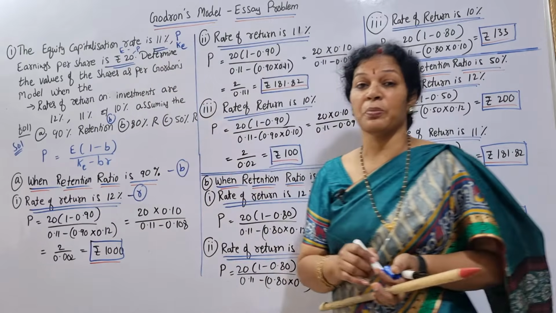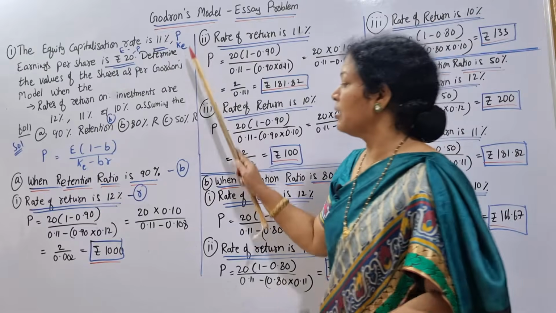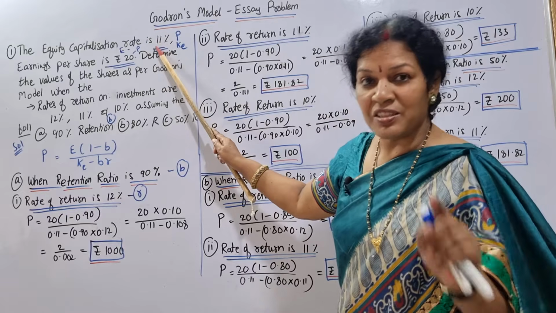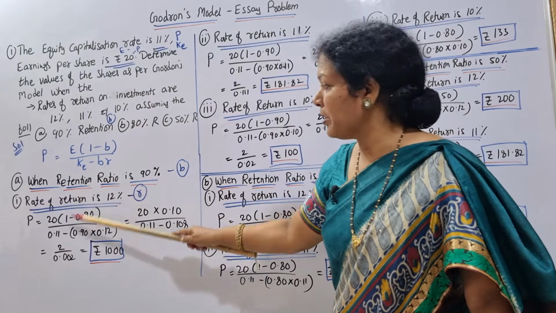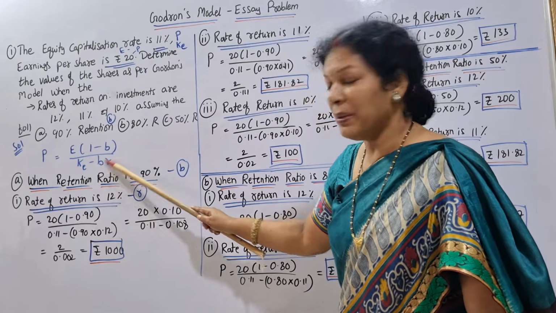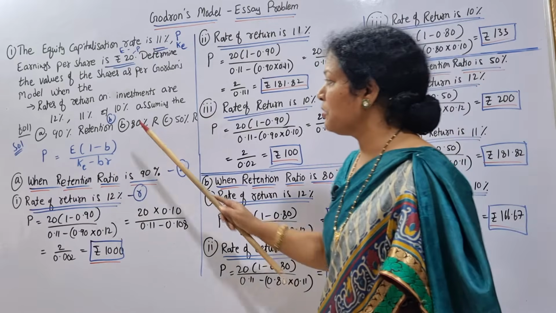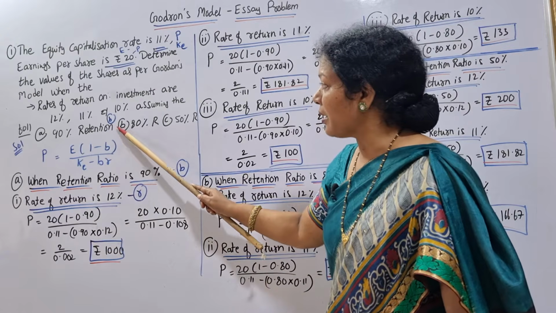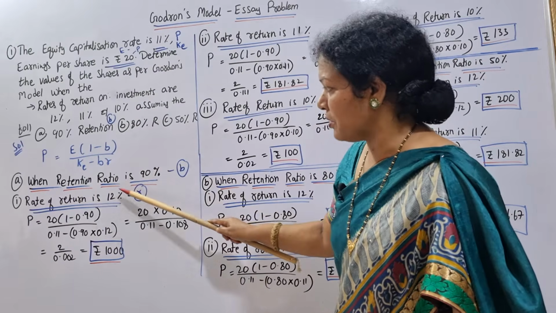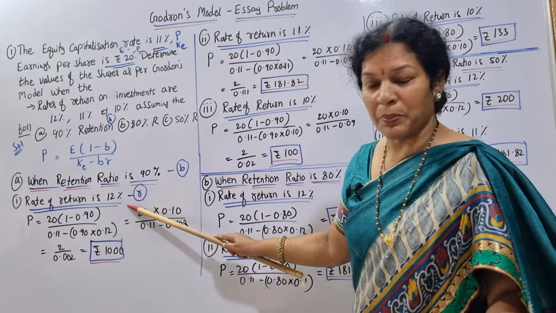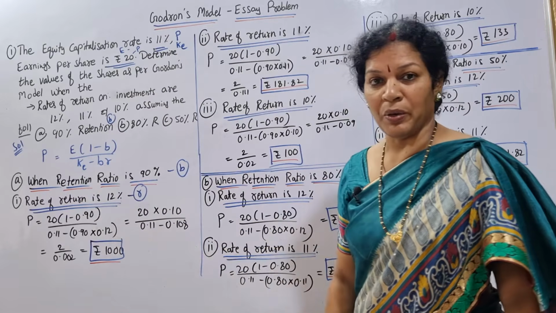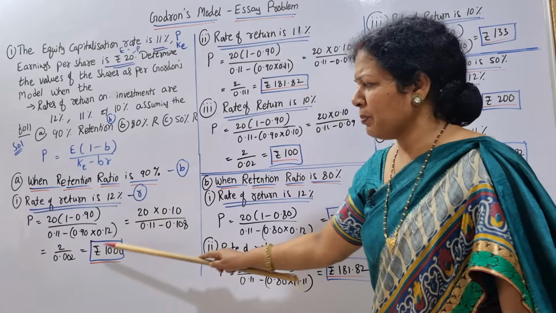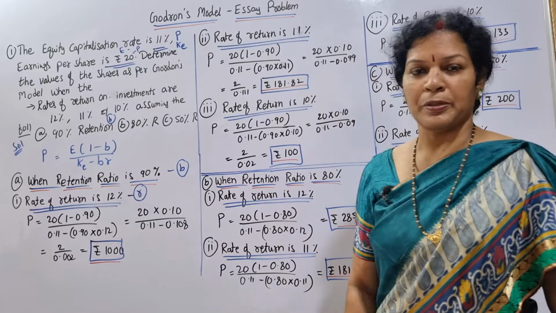E is permanent, K is permanent. It will not change. Remember this. So K is 0.11, 11 by 100, minus BR, B into R. B is 90%, 0.90, into R. R is 12%. We are assuming the rate of return is 12%, so 0.12. When we apply this, with simple multiplication, you are getting 1000 rupees.